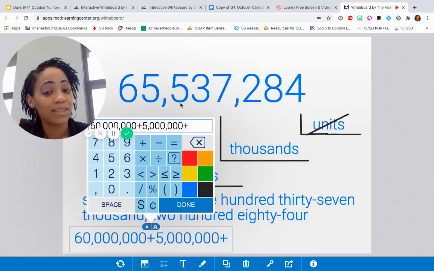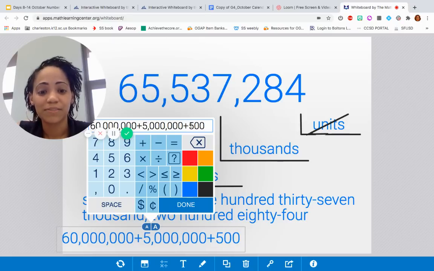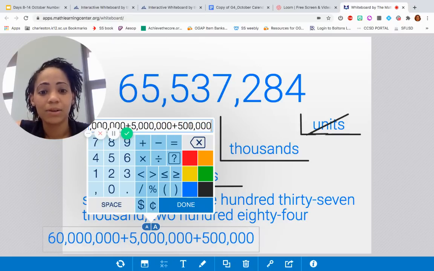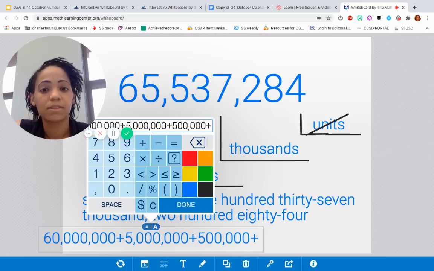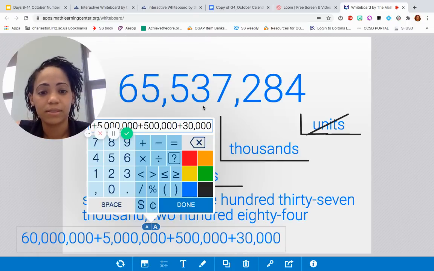Okay, let's keep going. What's this 5 worth? What place is it in? The 100,000s place, which means it's 500,000. Okay. 3 is in the 10,000s place, so that means I have 3 10,000s, which is 30,000.